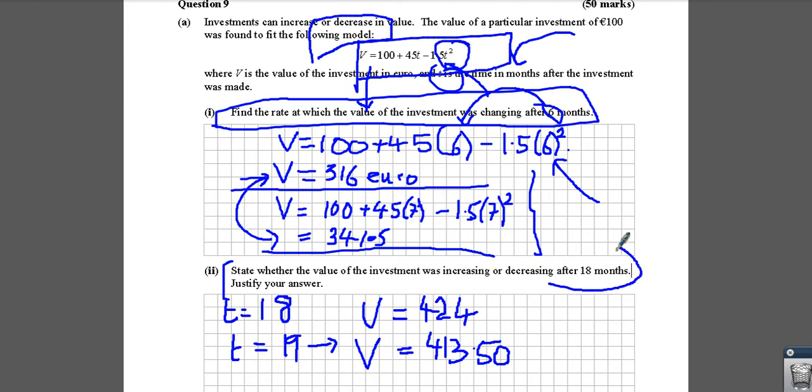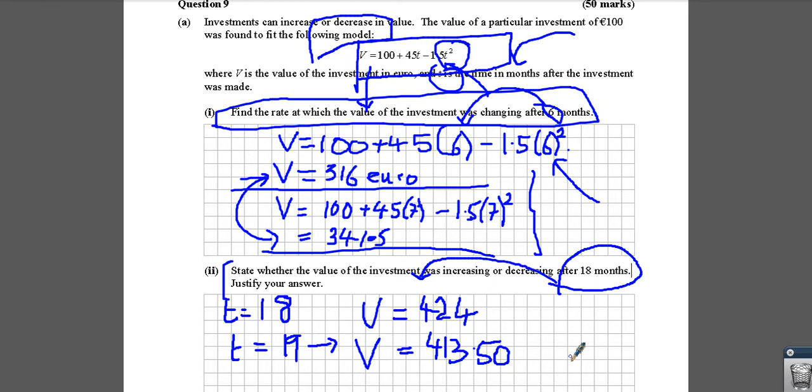18 months is the value that we put into our formula. When we put that value in, exactly like we did here, we get an answer of 424 euro. When we put 19 months in, we get a value from our formula of 413 euro and 50 cent. So just knowing what a formula is, you can put the value you're given in and figure out what is happening.